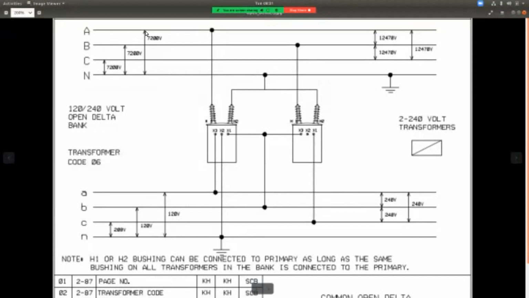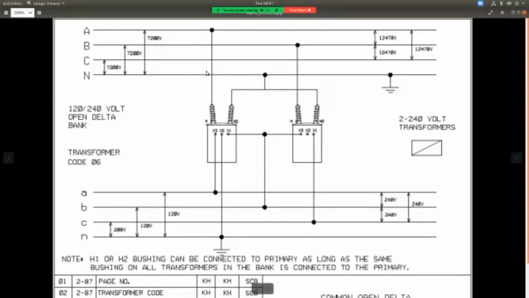What's my primary voltage phase to ground? 7,200 volts. Correct. And phase to phase? 12,470. Correct. Great, Aaron. And the reason why we're not 7,200 times 2 is we're using the 1.7325 number, correct? Right. That's our computation.